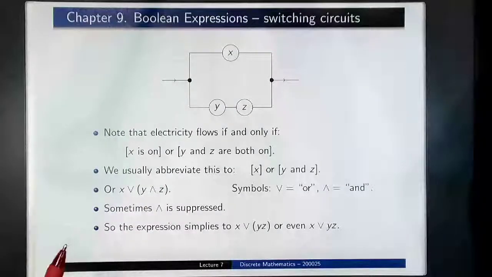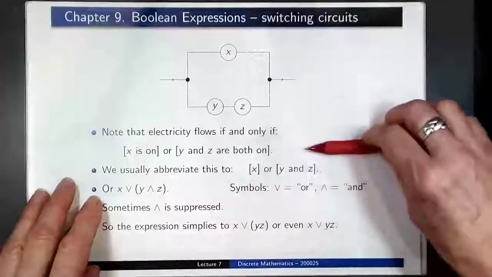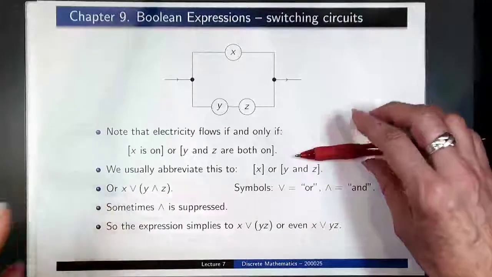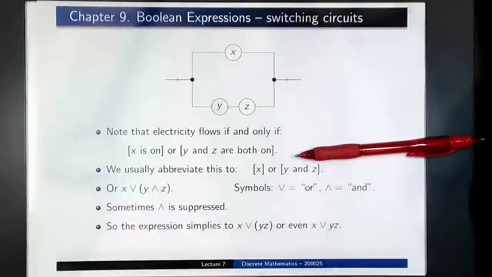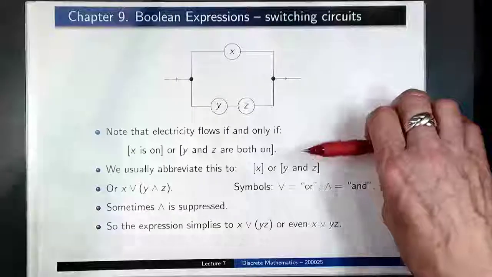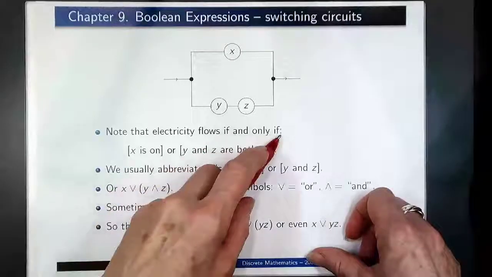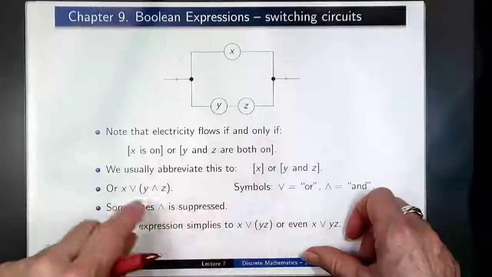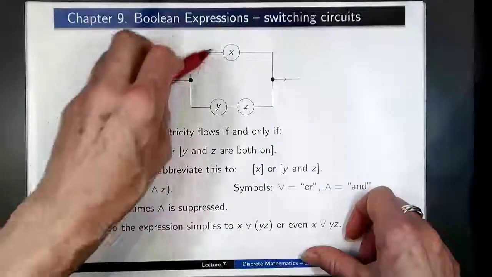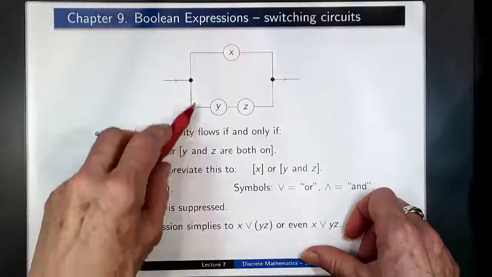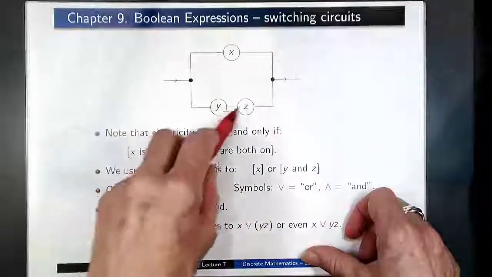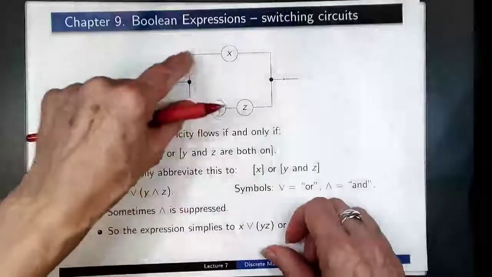Okay, so this just says what we saw, but there are some symbols we use here. Electricity flows exactly when, if and only if, X is on, or Y and Z are both on, or both.